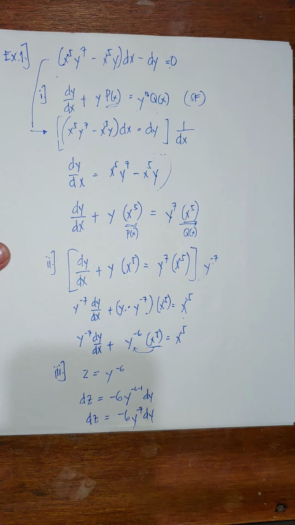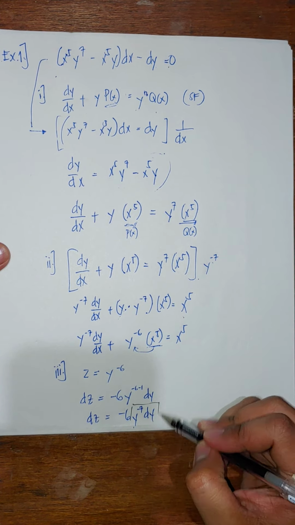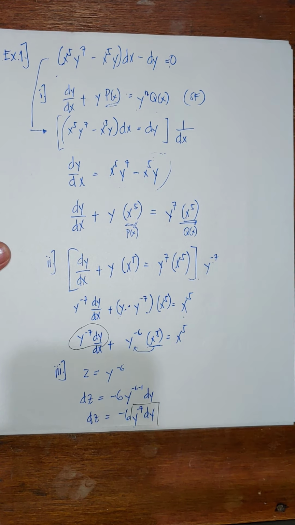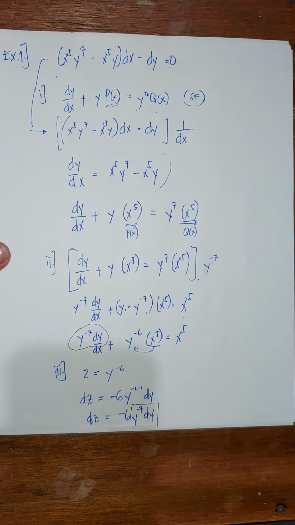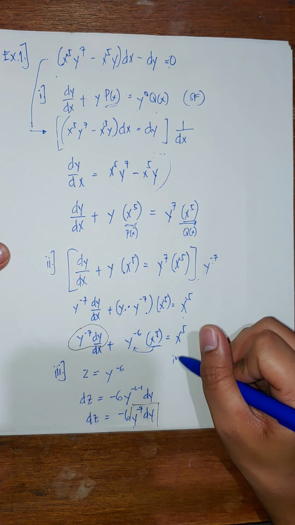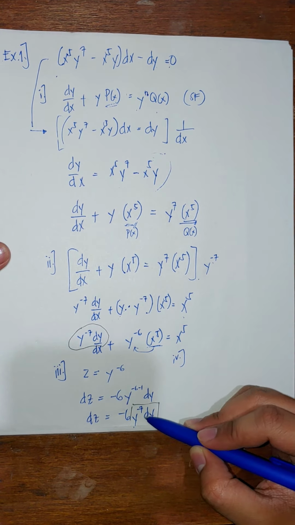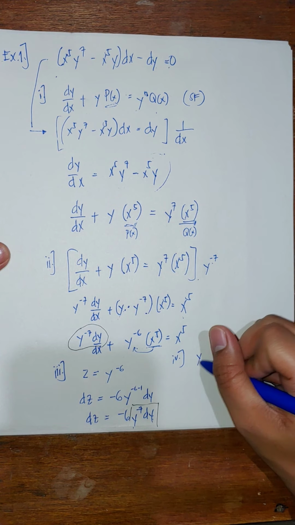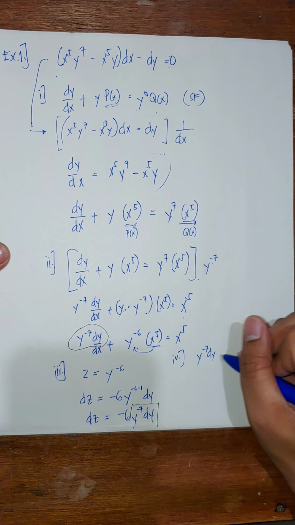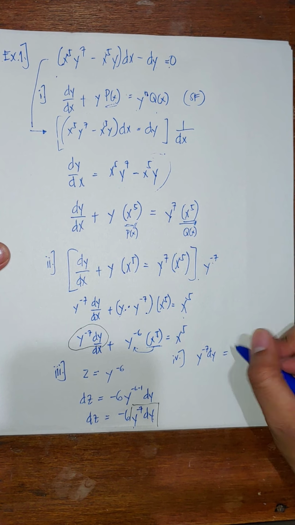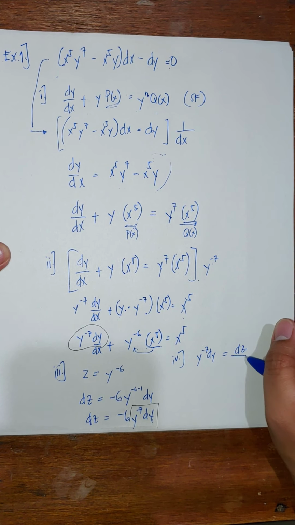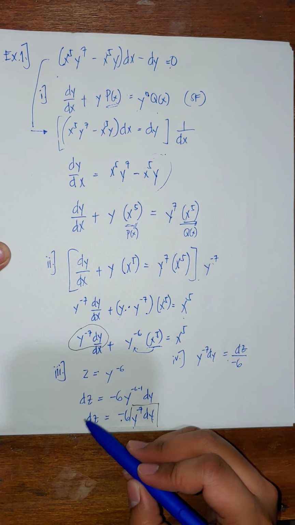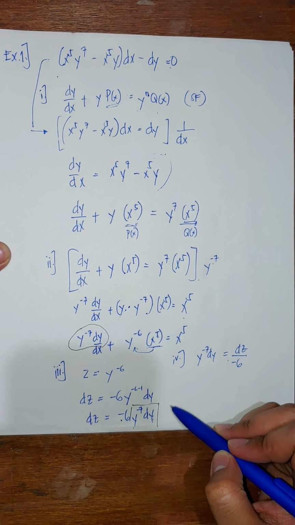If you notice, this is familiar: we have the y to the negative 7 dy here and y to the negative 7 dy here. What's next? We simplify so we get y to the negative 7 dy, to substitute it here. We know that y to the negative 7 dy is just equal to dz over negative 6. So we multiply the whole equation by 1 over negative 6.